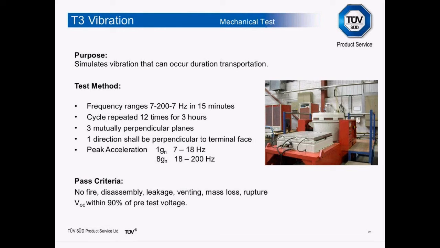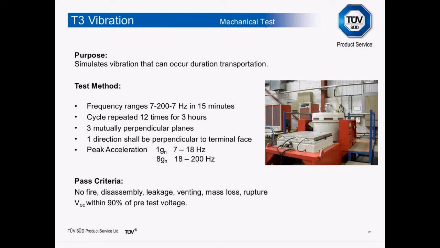And basically it's swept through some frequency ranges, so it starts at 7 Hz and rises to 200 Hz and back down to 7 Hz in a 15-minute duration. This cycle is repeated 12 times in 3 hours, and basically it is repeated in 3 mutually perpendicular planes. One of those directions will be perpendicular to the actual terminal face.